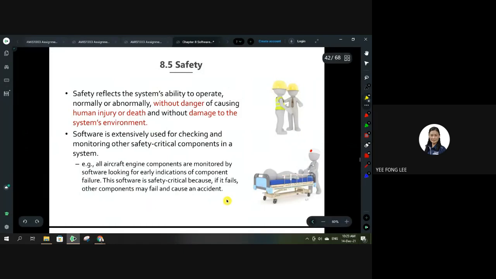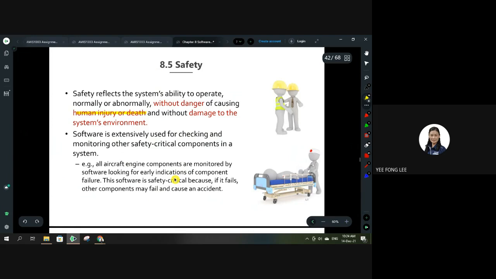We are now in slide 42. Okay, we shall manage to complete everything by today. This one is about safety. Safety critical systems are systems where it is essential that the system operations are always safe, will not cause any human injury or death.